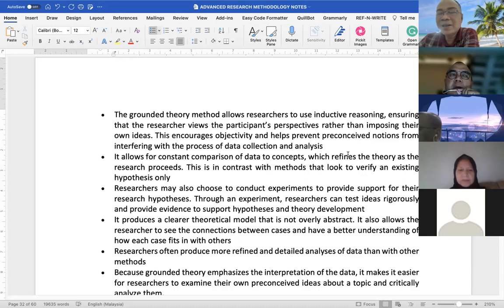It's all right. You can ask somebody to type the answers. So the data is in the form of words, right? Type in word form. It can be 10 pages. It can be 20 pages for each respondent.